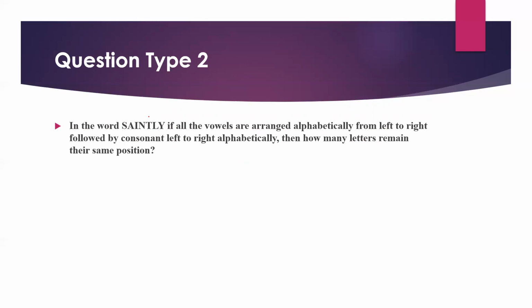It is telling us, if we fulfill these 2 criteria, vowels arranged alphabetically from left to right, and then we arrange the consonants in this word from left to right alphabetically only, then how many letters in that word remain at their same position?